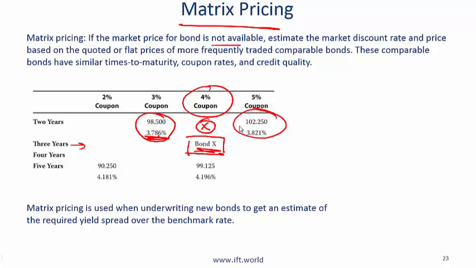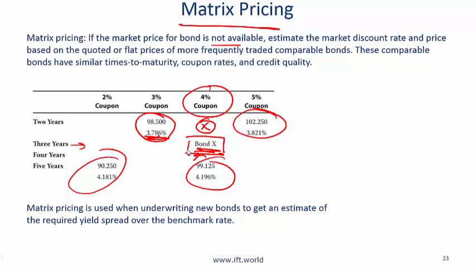You can interpolate and say that for a 2-year bond with a 4% coupon, what would the price be? And then you use the other data given also and interpolate and eventually end up with the price and YTM of bond X.